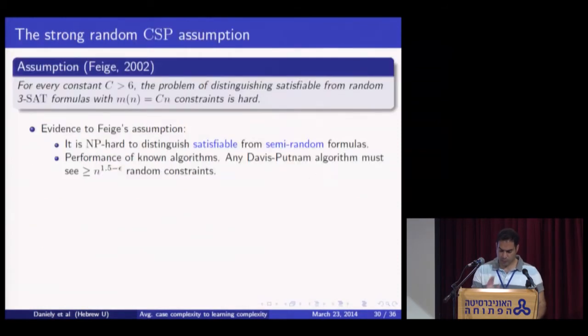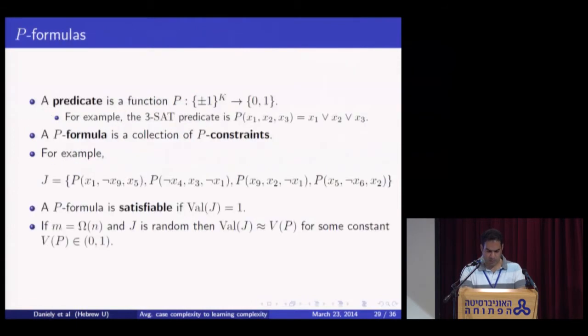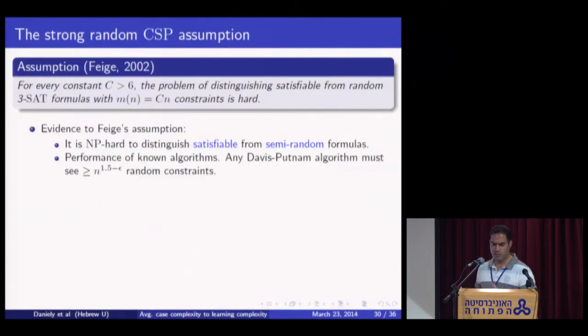So in the next slide, we will consider the problem of distinguishing random P formulas from satisfiable P formulas. And the next assumption tries to predict when this problem is hard. In order to reach a plausible assumption, let's recall the evidence for Feige's assumption and try to keep this evidence for our assumption too.